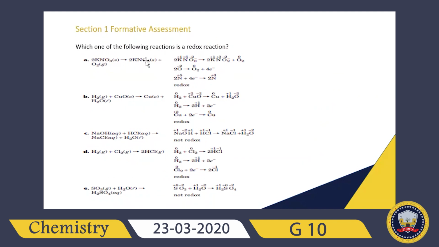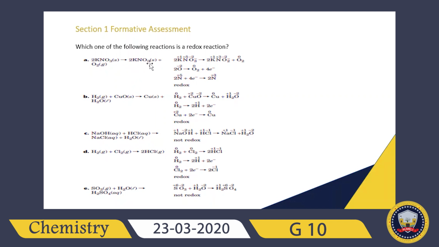Now let us see how the oxidation number changed. Again, for potassium it will stay positive 1. For oxygen the oxidation number is -2, but here we have 2 atoms of oxygen, so we need to calculate the oxidation number of nitrogen again. We will use the same rule: the sum of all the oxidation numbers of the atoms in a neutral compound should be equal to 0.